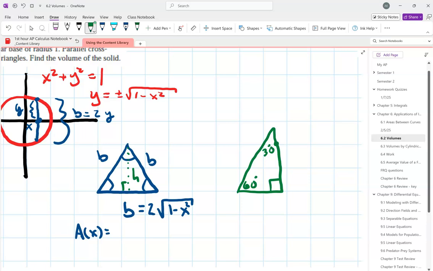I remember that the side lengths of a 30, 60, 90 triangle exist in the ratio 1, root 3, and 2.